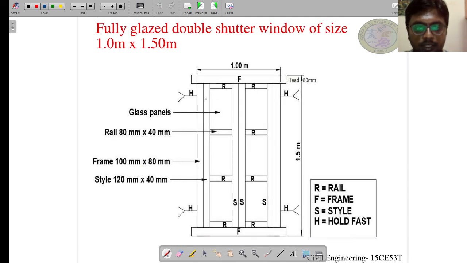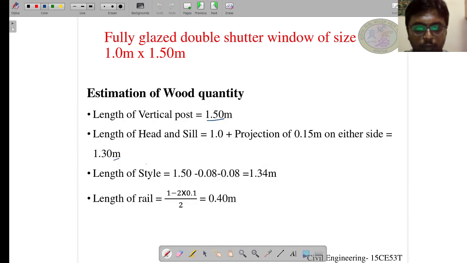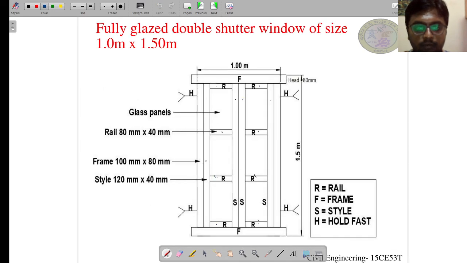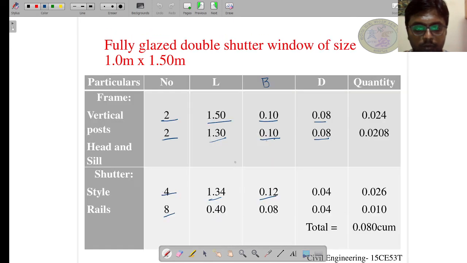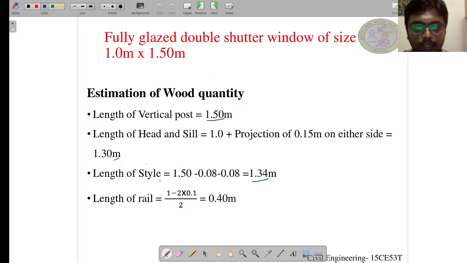As you can see, we have 1, 2, 3, 4 stiles and 8 rails, 1 to 8. We have 4 stiles of length 1.34 meter, a breadth of 0.12 meter, and a depth of 0.04, 40 mm.